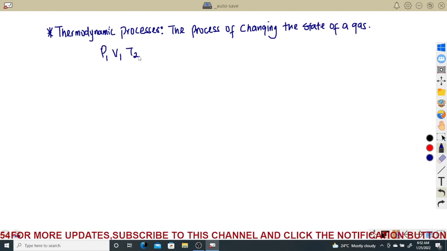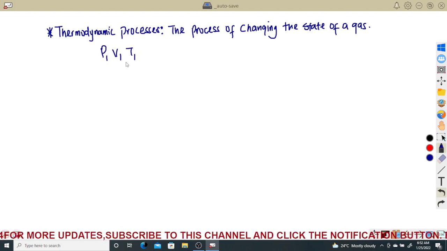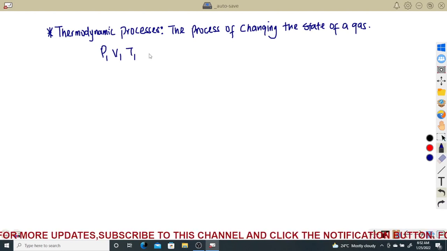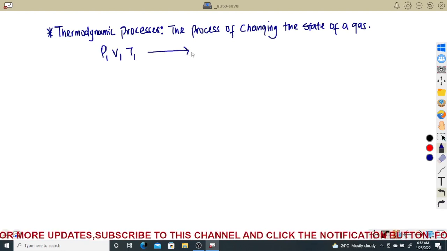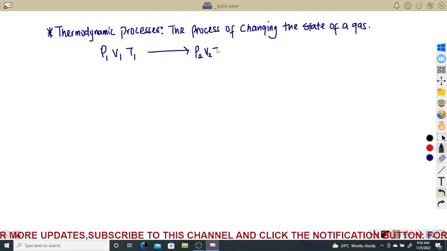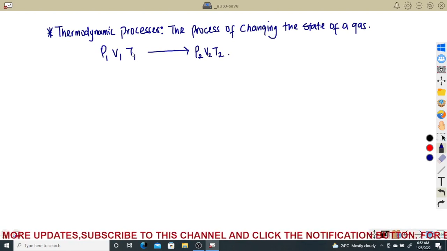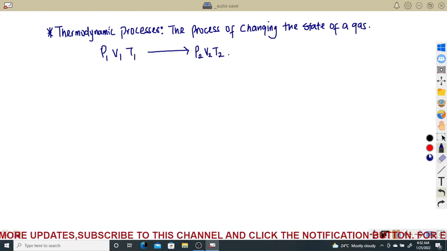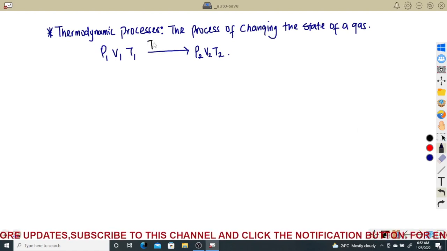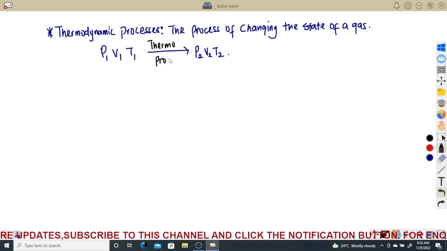So if we have the first pressure, I call P1, the first volume V1, and the first temperature T1, and this changes to P2, V2, and T2, you can say the pressure, volume, and temperature have changed. This type of process we call a thermodynamic process. Keep that at the back of your mind.